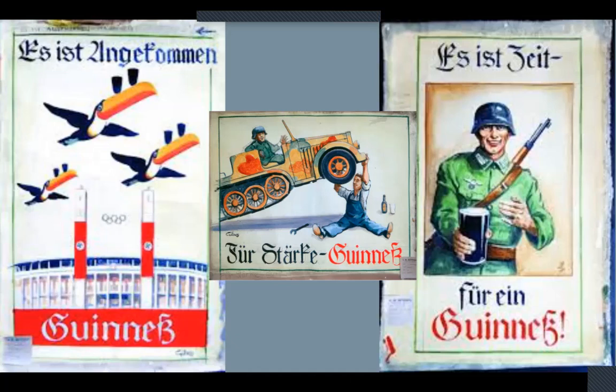You can see the one in the middle is particularly horrifying, or it's sort of funny in a strange way. This is the Irish slave worker, fortified by Guinness to work on the German soldiers' half-track. Say no more, really.